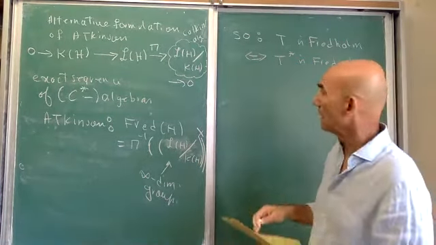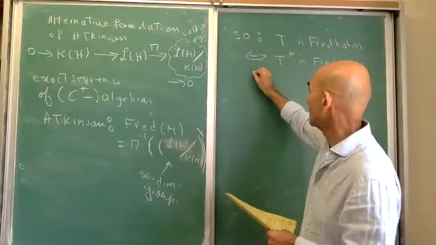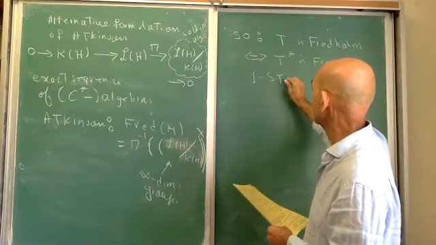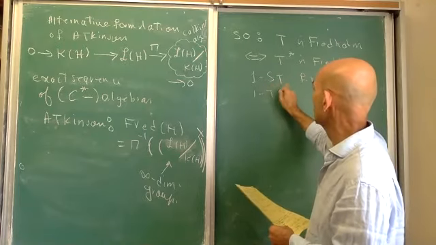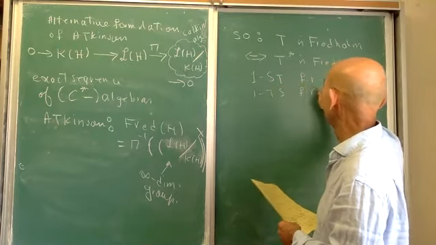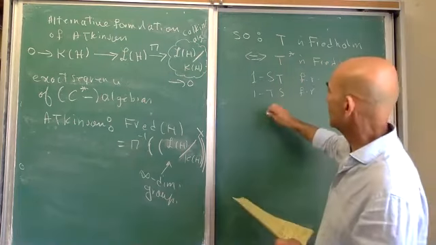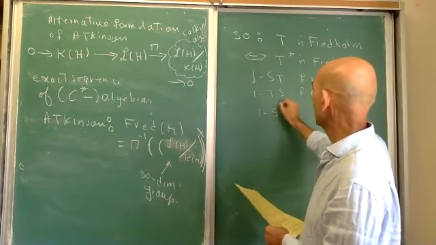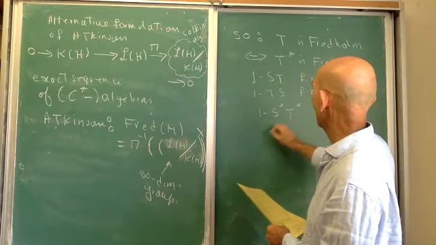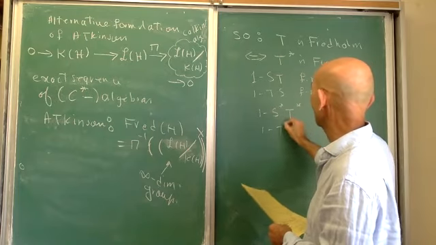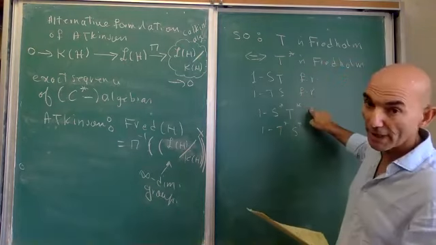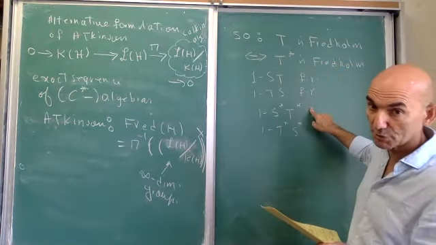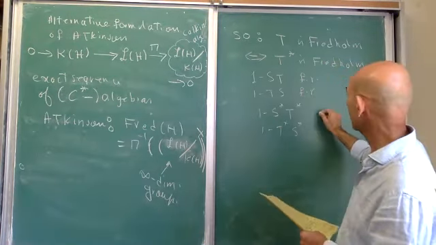In fact, you see, you have this equation: 1 minus ST finite rank, T Fredholm, 1 minus TS finite rank. If you adjoin this, you have 1 minus S star T star and 1 minus T star S star. Again, I said that adjoints of finite ranks are finite ranks. That's pure algebra. So these are finite rank.